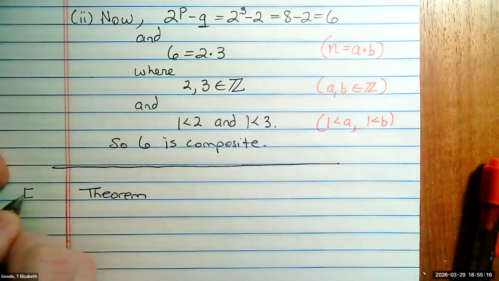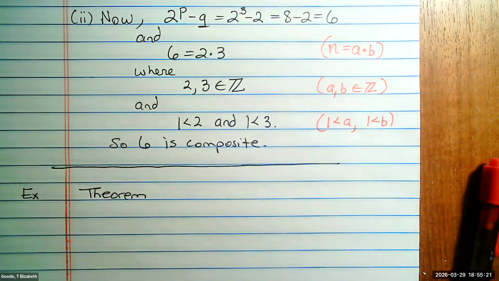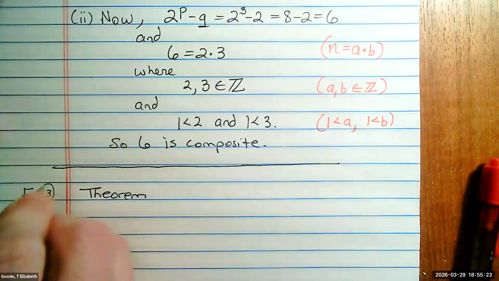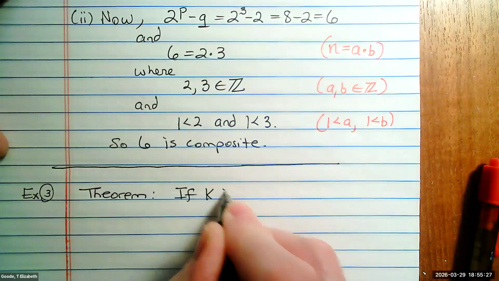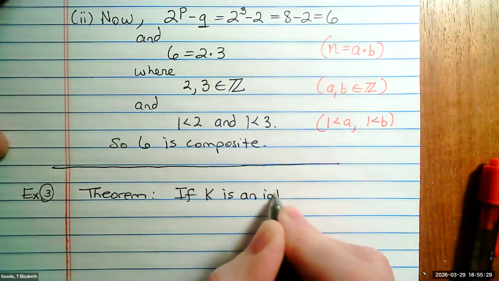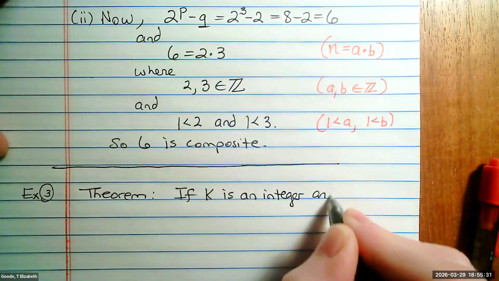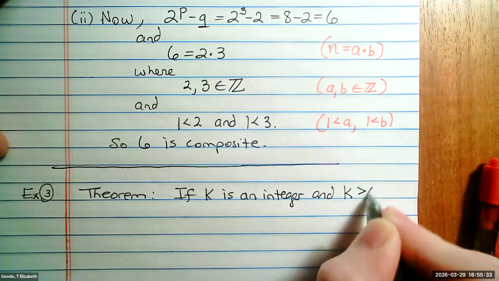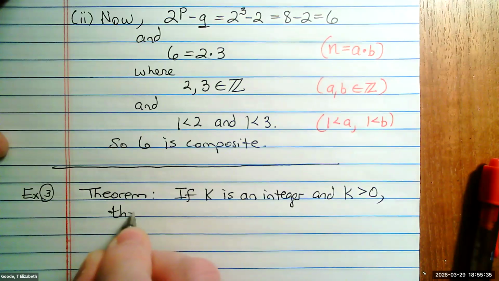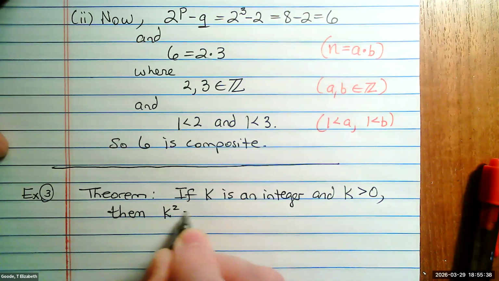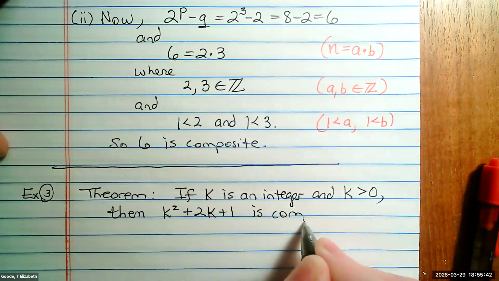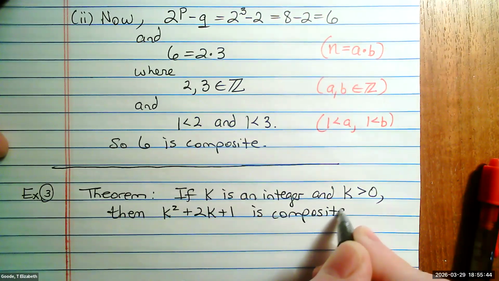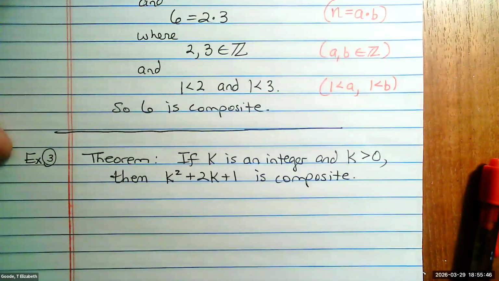We'll call this example 3. Theorem: if k is an integer and k is greater than 0, then k squared plus 2k plus 1 is composite. We cannot prove this by example.